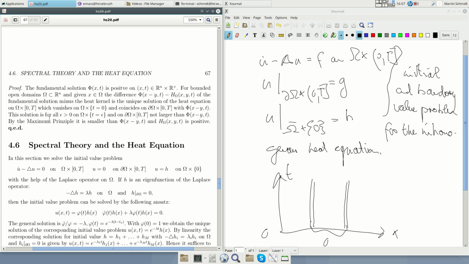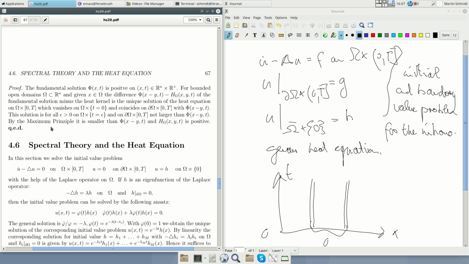So this solution is, for all epsilon, of course, not larger than this function here, since this is positive. And then by the maximum principle, it's smaller than this function.